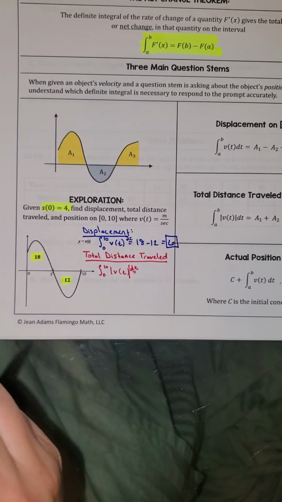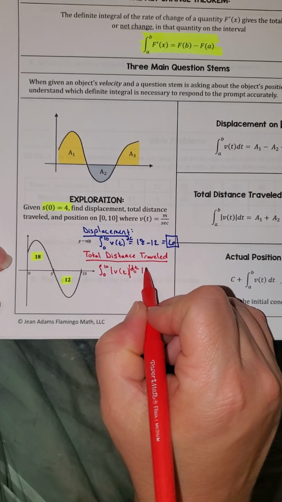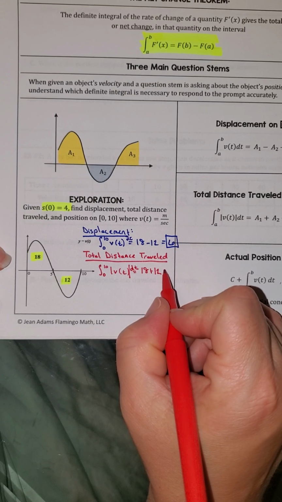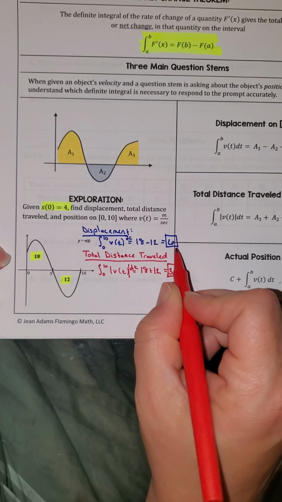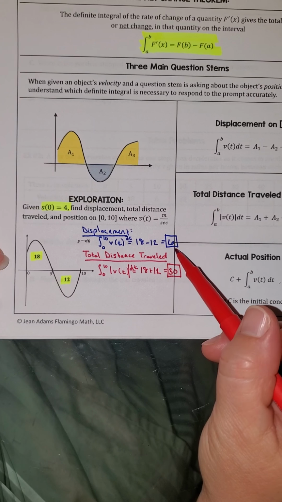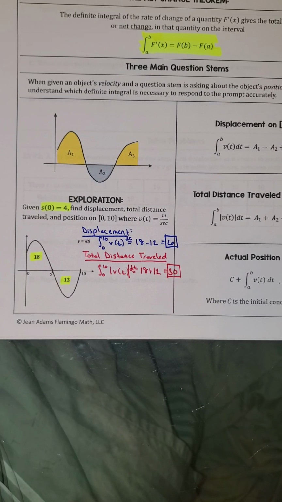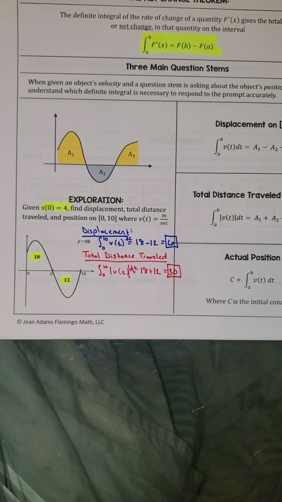My bad. So the total distance traveled, you would have 18, and then it travels another 12 meters. So it's a total of 30 meters. So even though you're 6 to the right of where you started, you've traveled 30 meters total. And then the last thing is the actual position. So the position on 0 to 10.